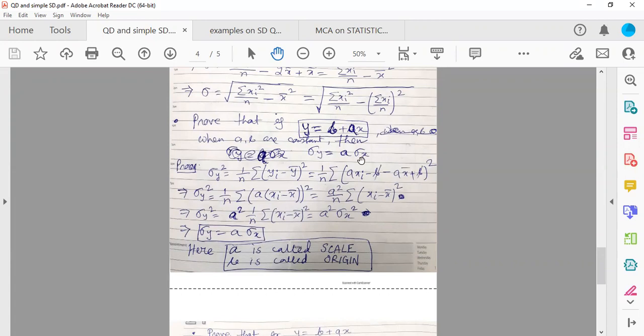This is a formula, and here for this equation y is equal to b plus ax, a is called the scale and b is called the origin. This is the standard notation used.